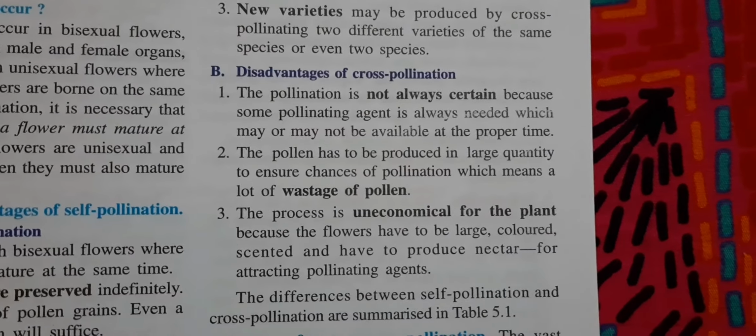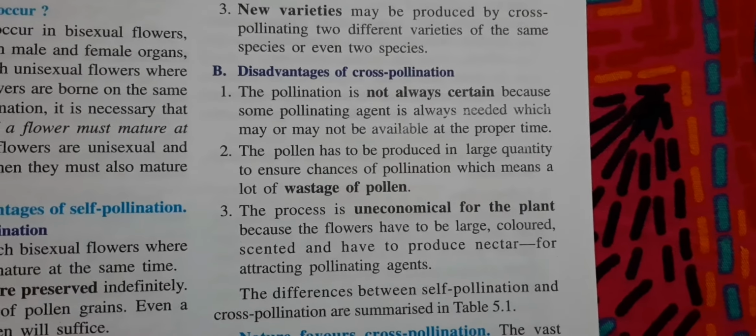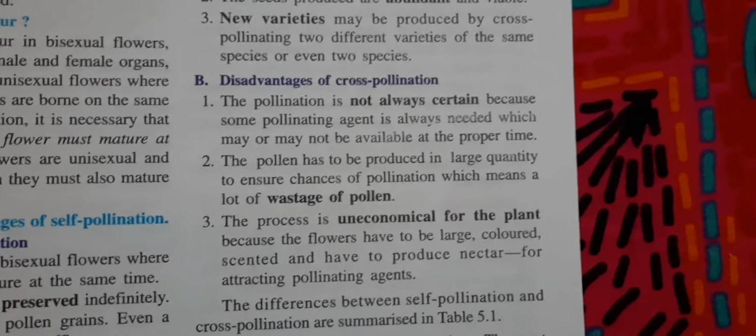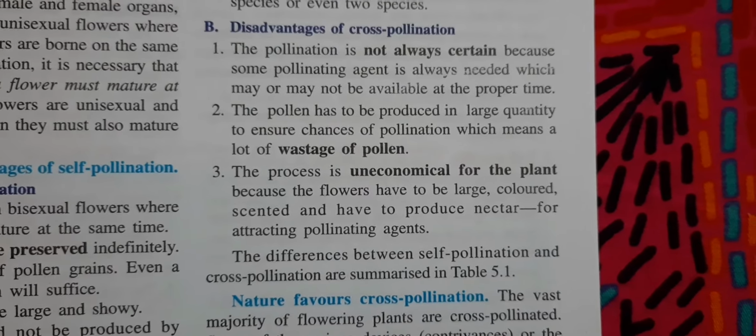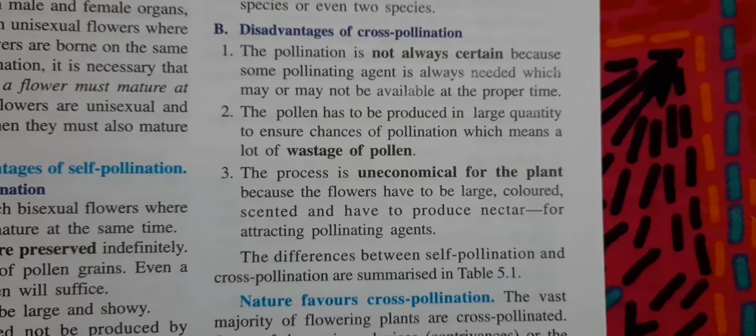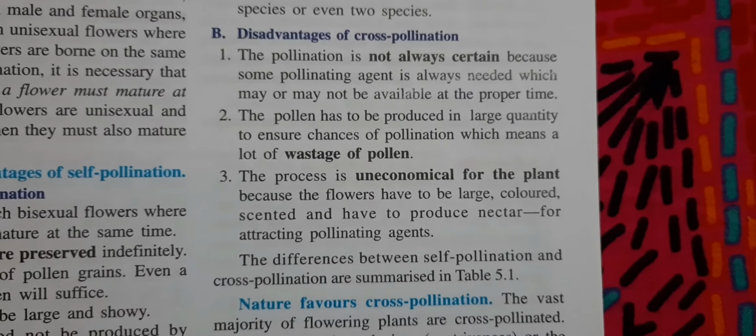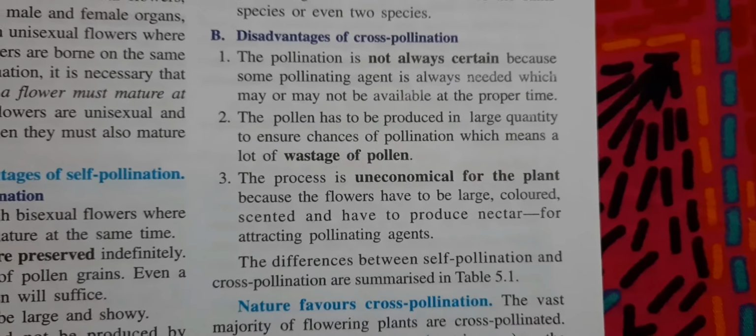So we need pollinating agents like wind, water, insects, bees, birds, etc. And for cross-pollination the flowers need to be large, colored, scented, and have to produce nectar. Why? Because they have to attract the pollinating agents.